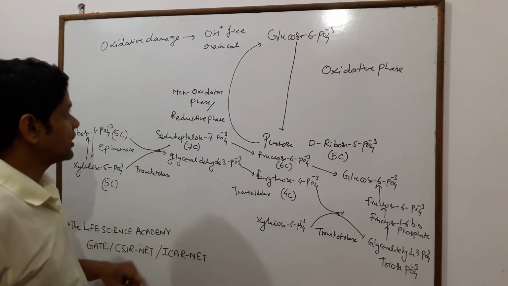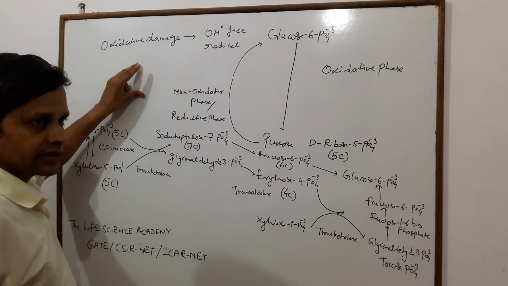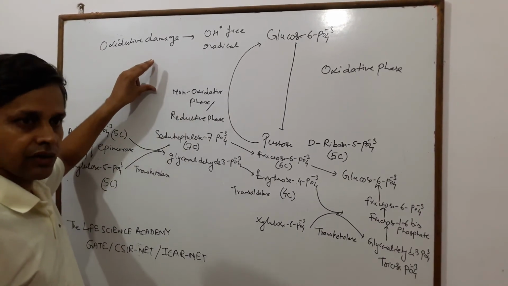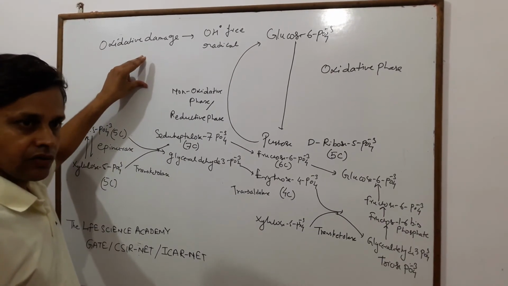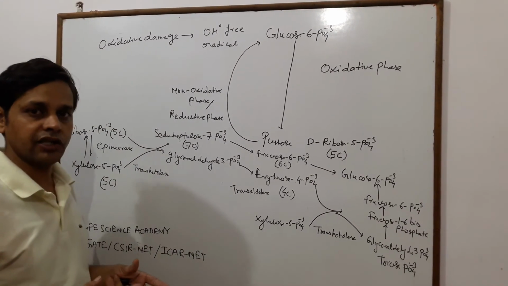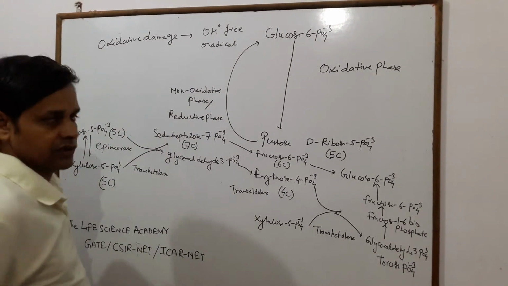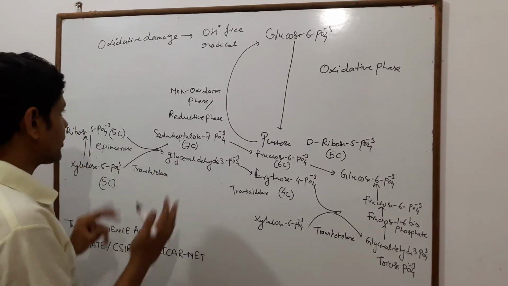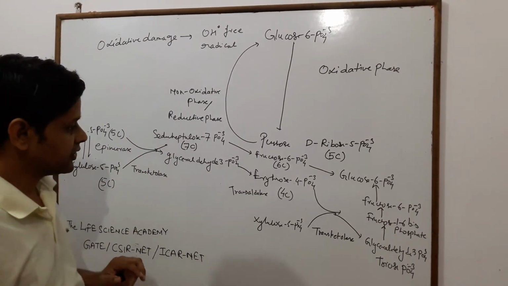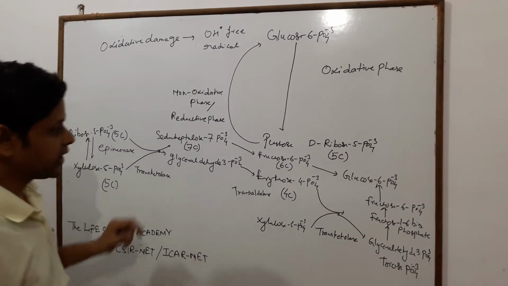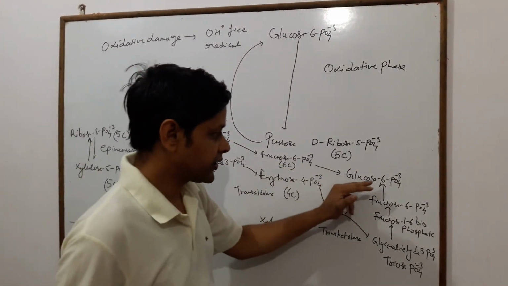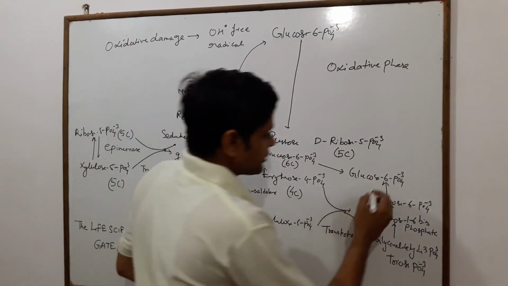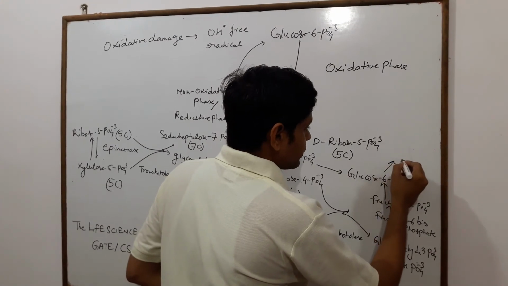During this phase, its utility is that it counters the oxidative environmental stress and protects the cellular membrane from oxidative damage. So this is the overall non-oxidative or reductive phase, and during this phase glucose 6-phosphate sugar is indirectly formed, which is utilized by the cell to produce ATP.